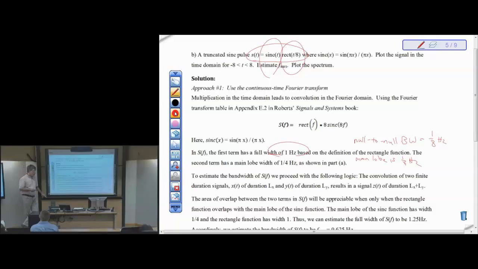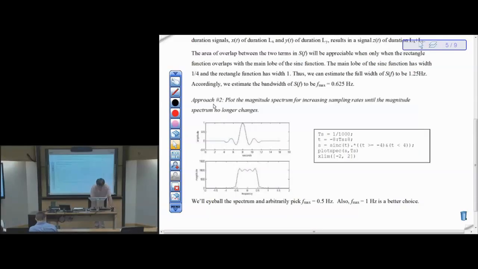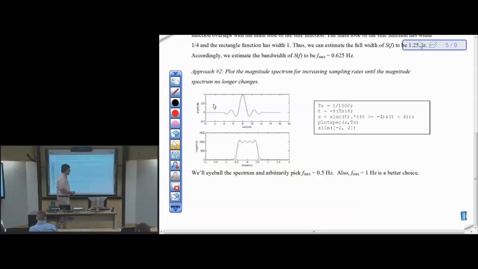All right, so now let's go find it by simulation. So we go and sample. And if we sample this without any aliasing, this is the shape that we get.